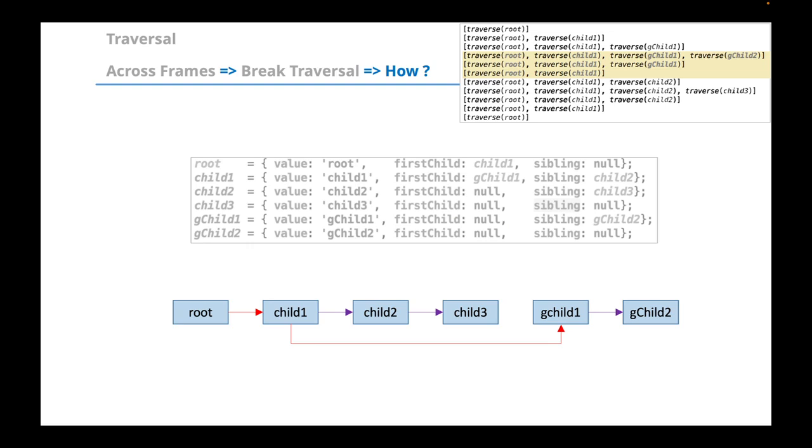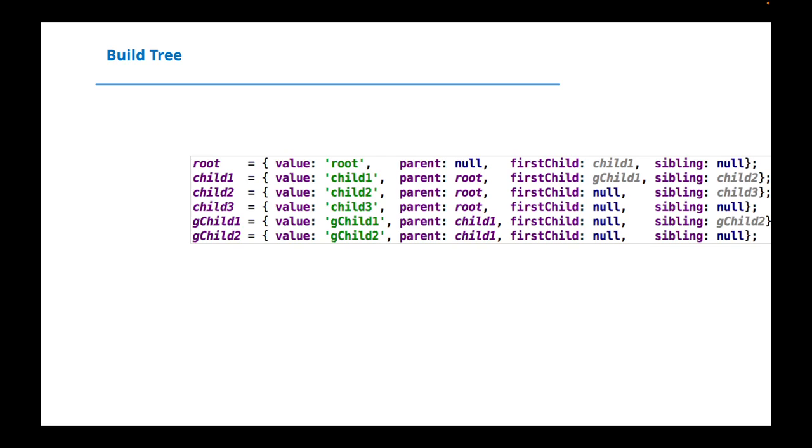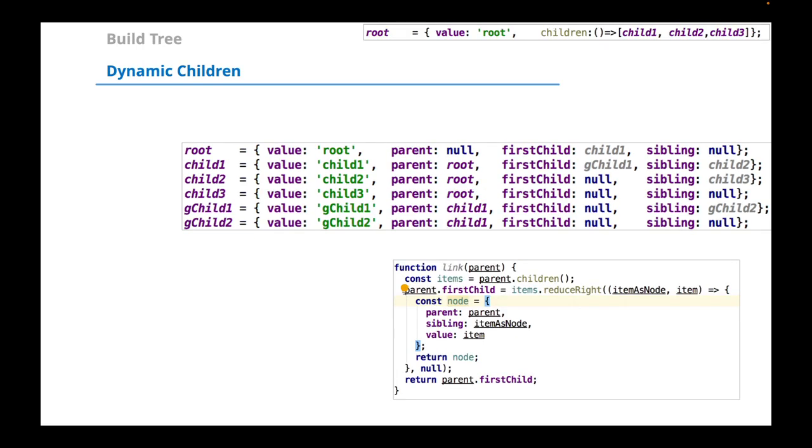If you look here, in a call stack, we always know who called the previous one, so it's always easy to traverse back. So we need some kind of pointer to traverse back. In our structure, we are going to create one more object, which is a parent. So that structure is created. You'll have a value, parent, first child, and sibling.